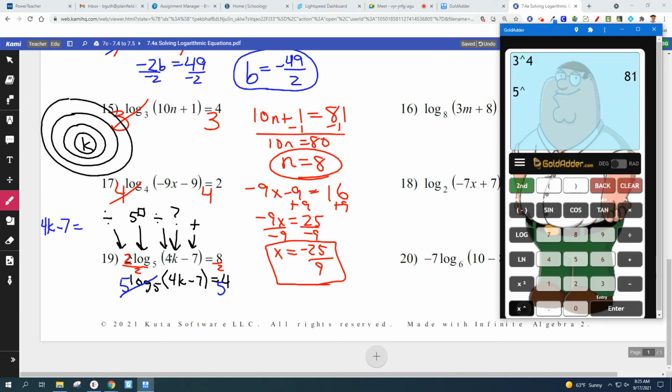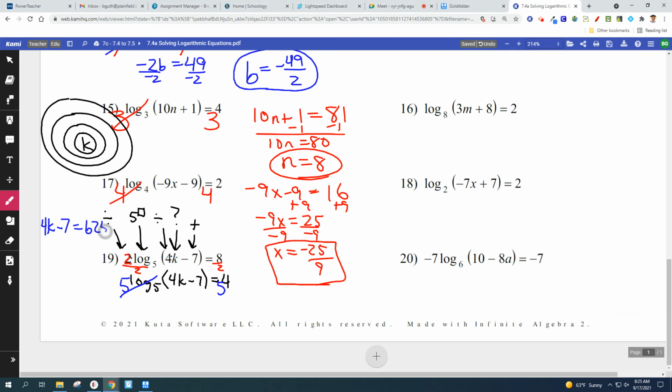Now, maybe you know that one, 5 to the 4th, maybe you don't. Calculator says it's 625. All right, great. Add the 7 over. 4k equals 632. Divide by 4.